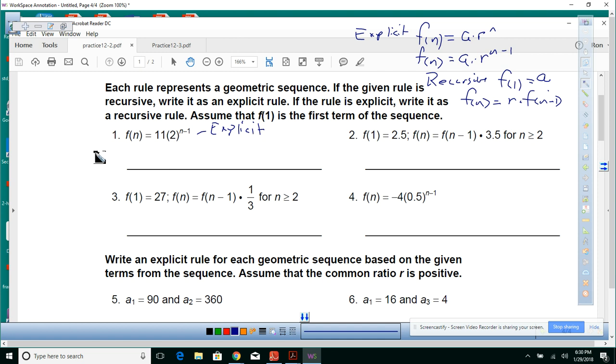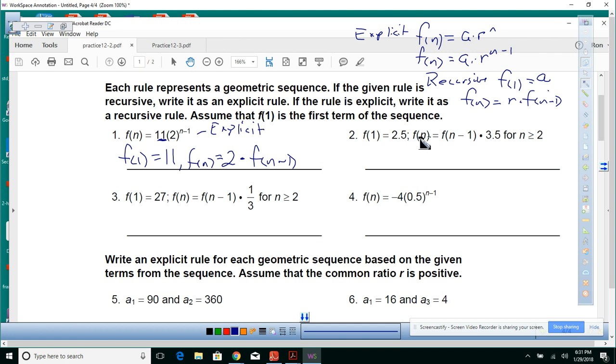The recursive rule would be f of 1 equals whatever a is, and that's 11, and then f of n equals r, which is 2, times f of n minus 1. All right, good job.